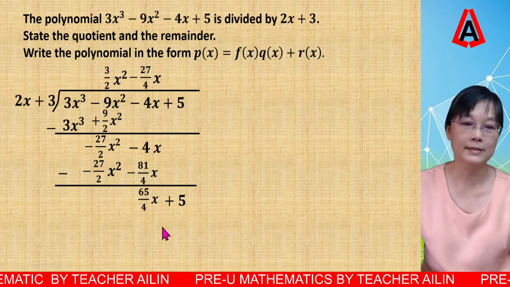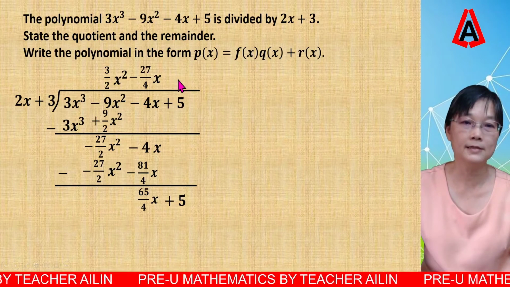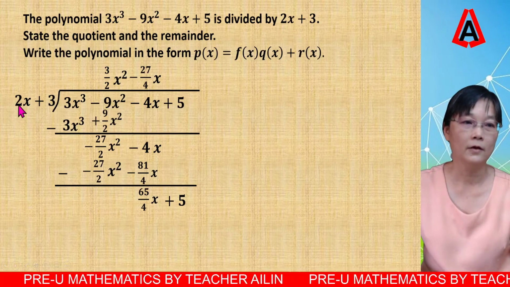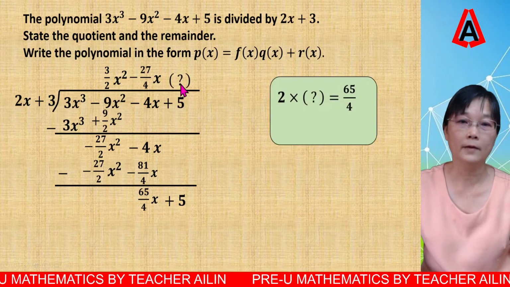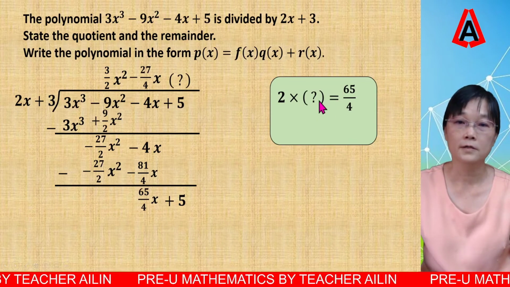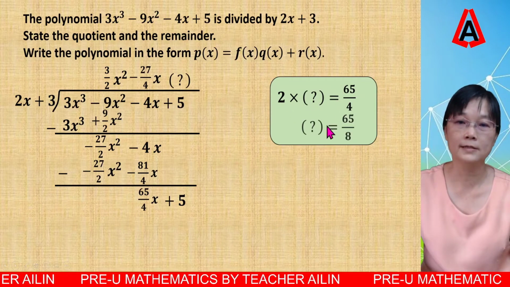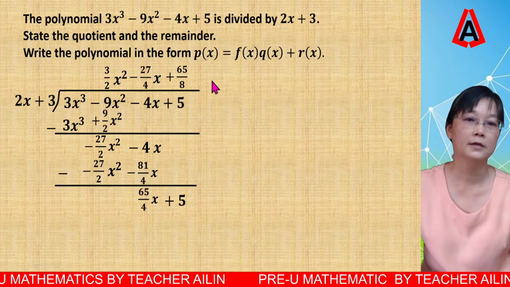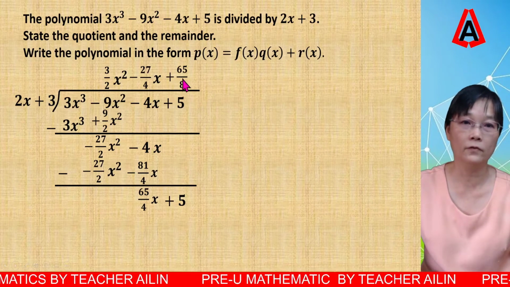Now we repeat the same step. Since this last number is a constant, we should think: 2 times what number gives 65 over 4? Shift the 2 over to the right hand side, then that is 65 over 8.